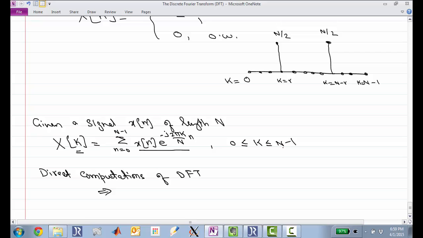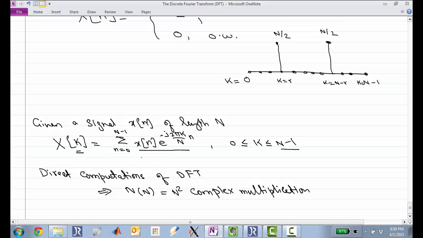So you have N times N, which is N squared, complex multiplications. By complex, I mean that you are multiplying complex numbers, which requires more real valued multiplications than one real valued multiplication.